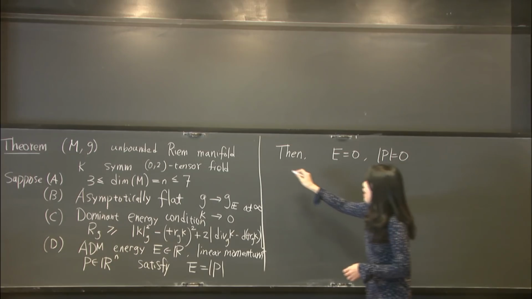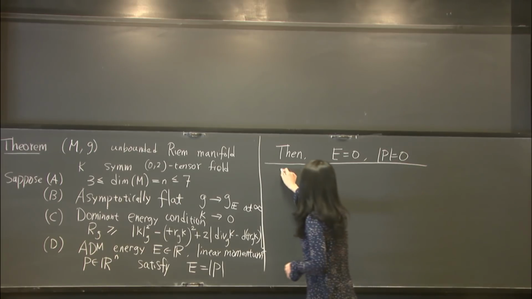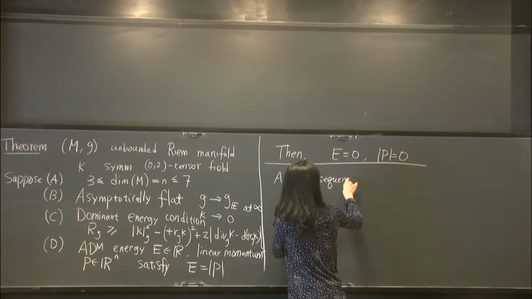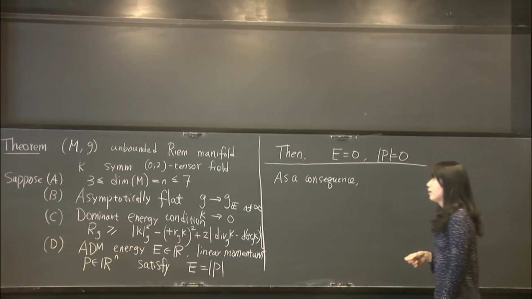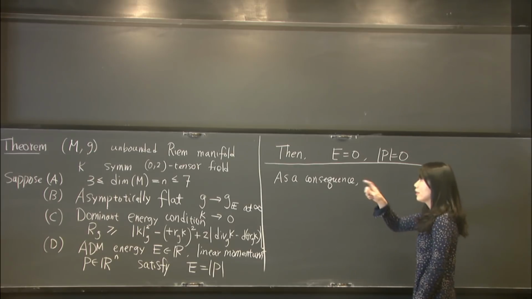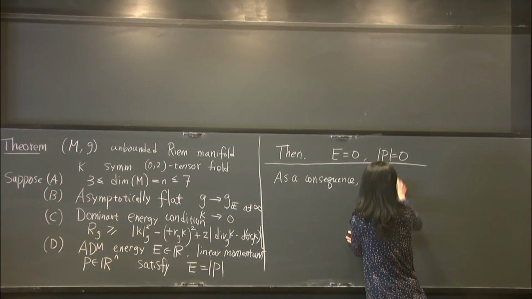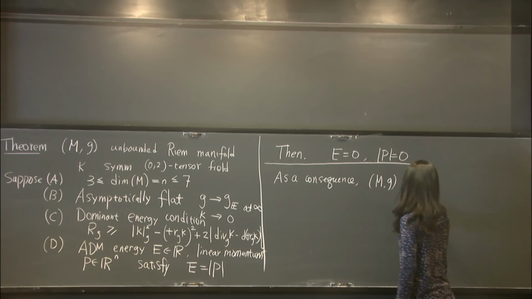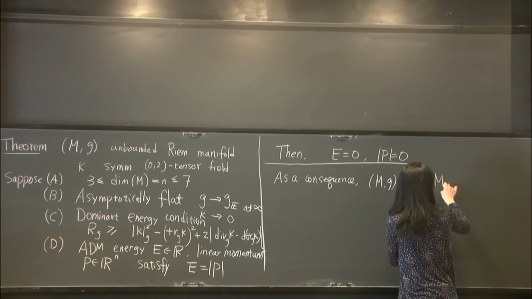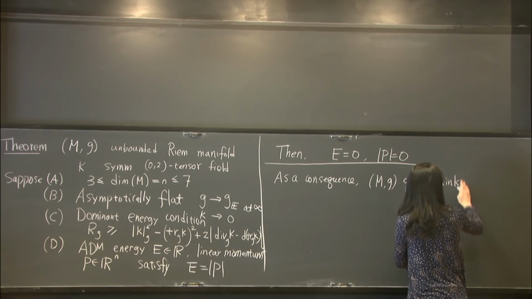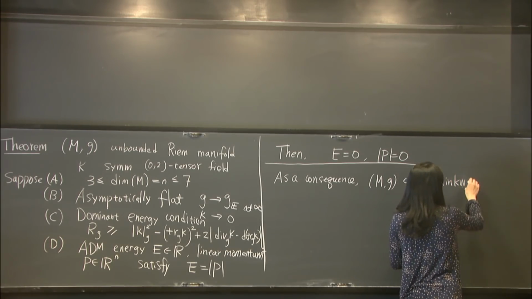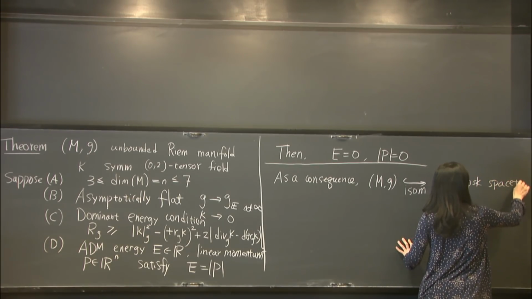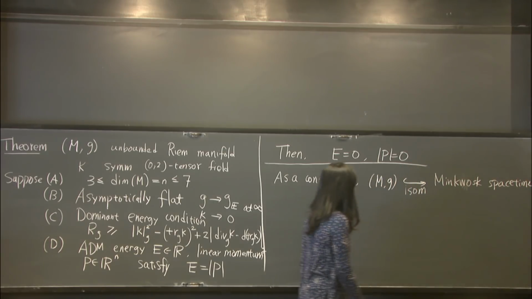So as a consequence of our theorem, we can actually conclude this Riemannian manifold can be isometrically embedded into Minkowski spacetime, which is a flat Lorentzian manifold of one dimension higher.